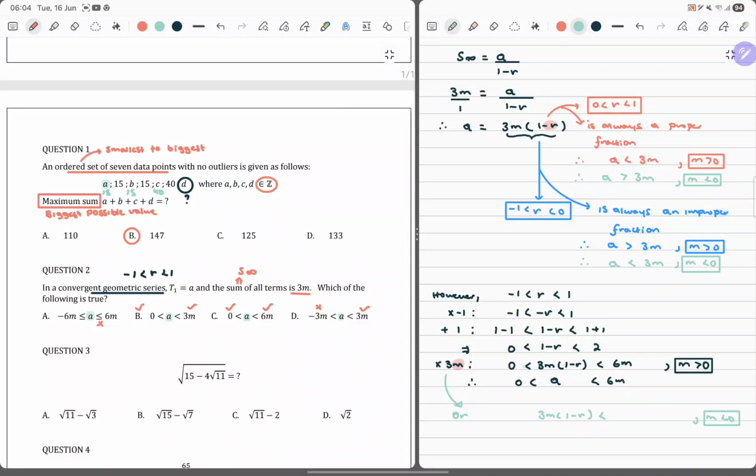It would change this sign, so 0 would come this side, and then this would go that way, because the signs would change around. Again, this would conclude that a must be less than 0, greater than 6m. So essentially, we don't have that option. As a result, the only answer is that.